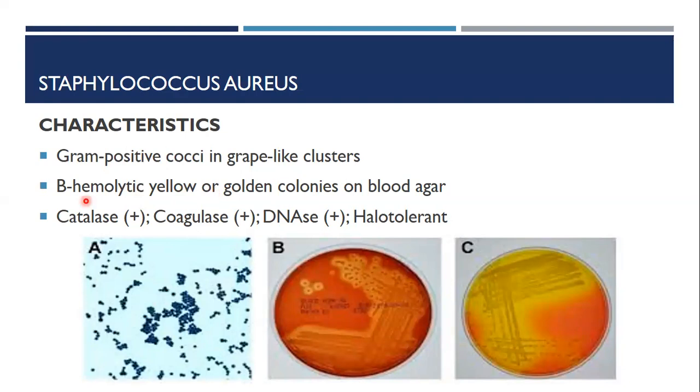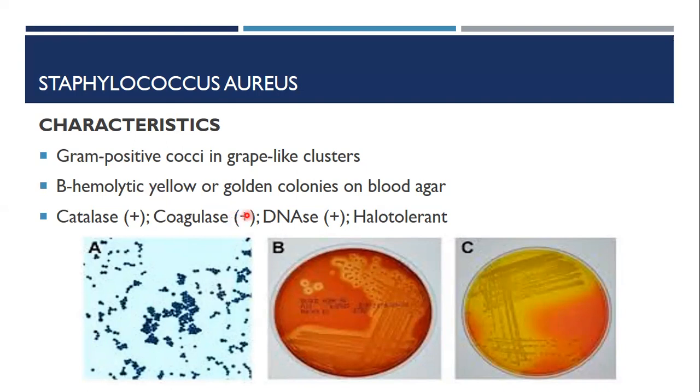Now to note, just recall that to differentiate Staphylococcus from Streptococcus, basically, we do the catalase test. And generally, Staphylococcus aureus or the Staphylococcus genus is catalase positive. We also do the coagulase test to differentiate it from coagulase-negative Staphylococcus; Staphylococcus aureus gives us a coagulase positive reaction.